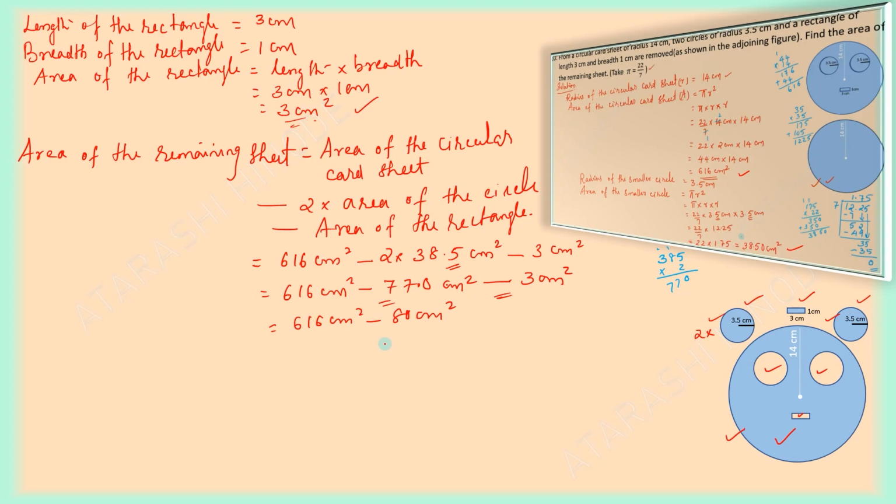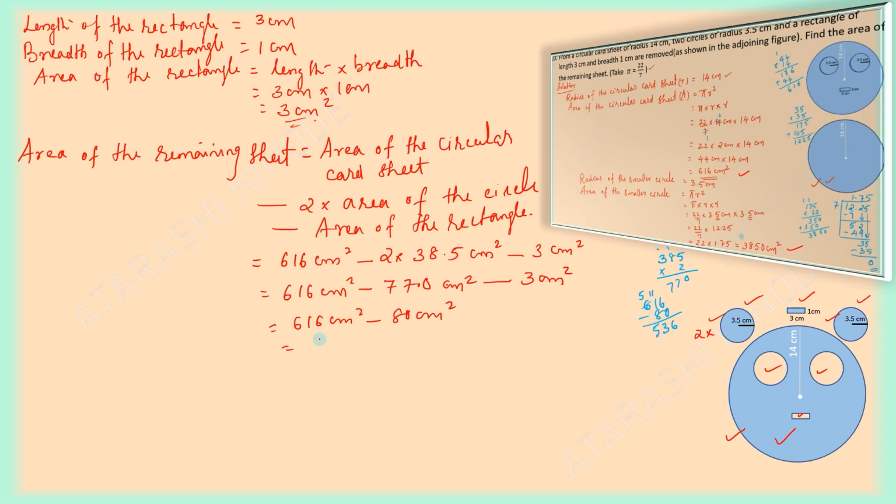Now let us subtract 80 from 616. 6 minus 0, 6. Here it is 1, so we have to borrow from 6, that is here becomes 5 and here it is 11. So 11 minus 8, it is 3, then 5.